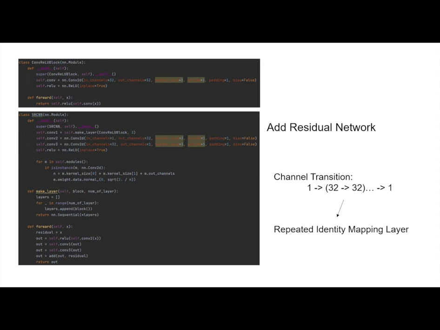The new channel transition is changed from 1 to 32, and then the repeated activation of 32 to 32 channels in the repeated identity mapping layers, and finally changed from 32 channels to 1 channel.